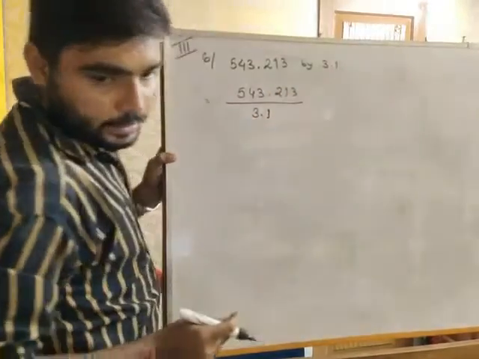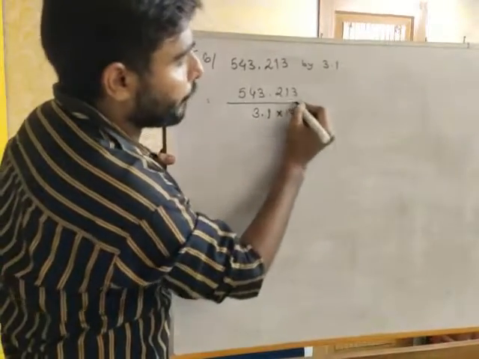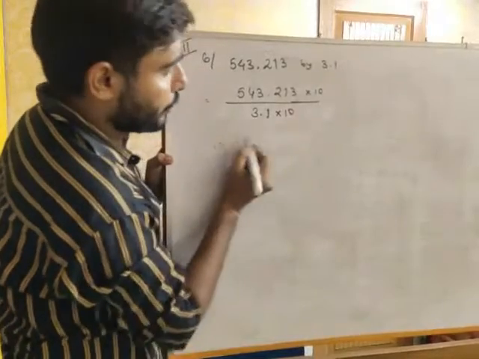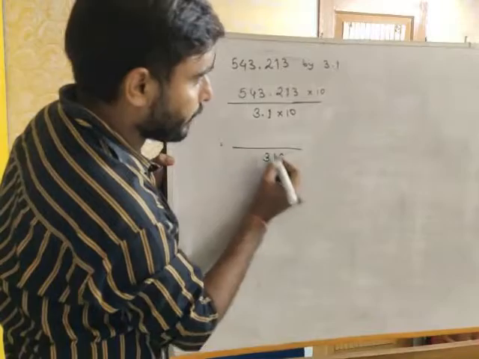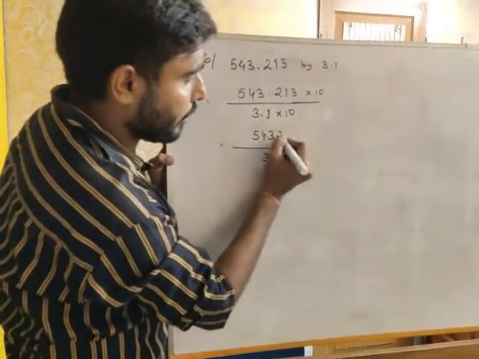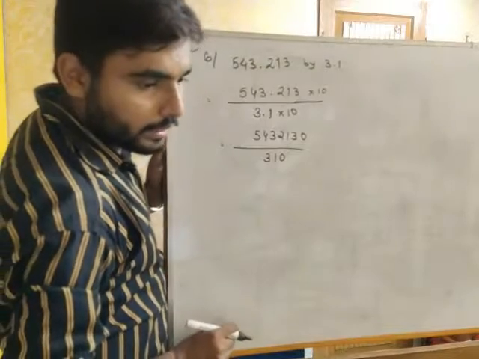So you can clearly see in the denominator after decimal it is one digit. So 1 with 1 zero, multiplied with numerator and the denominator, it will become 31 and it will become 5432130.